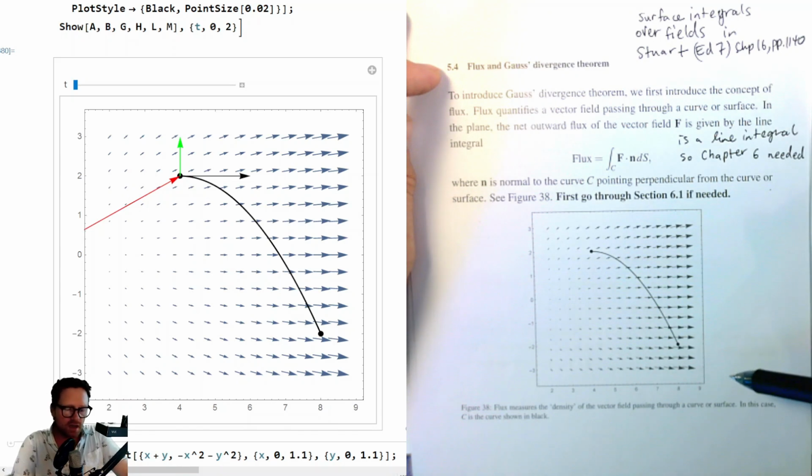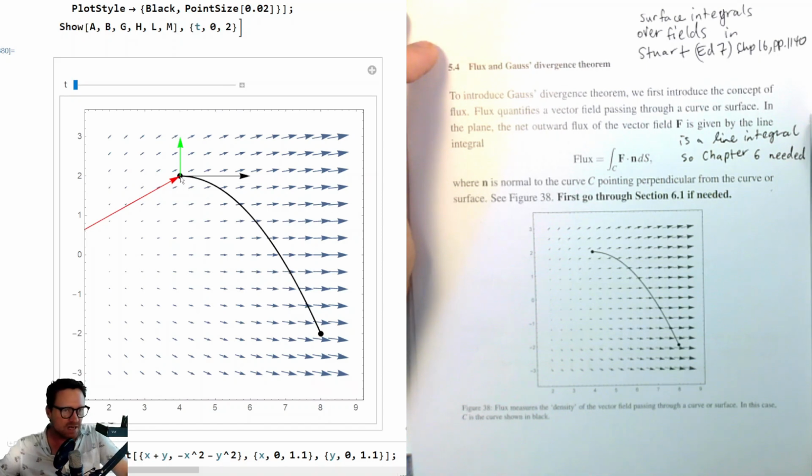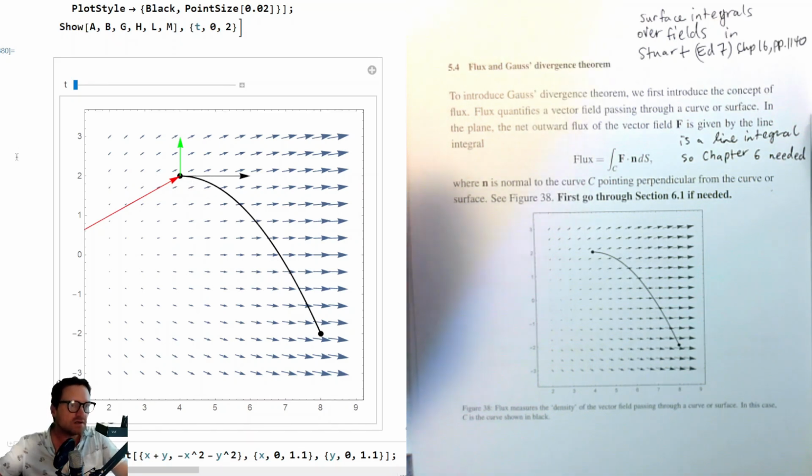Now have a look at figure 38, but I've got a better version on the left-hand side of the screen. So let's have a look at that, because what I want to show you are 3 vectors. So here I've got the origin over here on the left. It's the tail end of the vector, and the head of the vector touches a point of this curve.